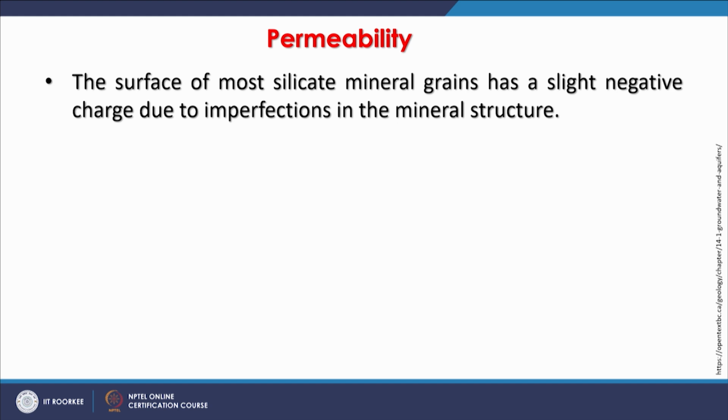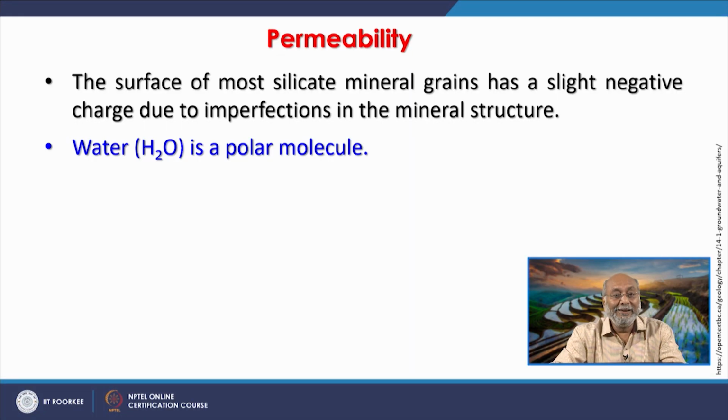The surface of most silicate minerals and grains has a slight negative charge due to imperfections in the mineral structure. So, now we are talking about how permeability is influenced by mineral structures, especially in the case of silicates. So, these are slightly negatively charged particles.